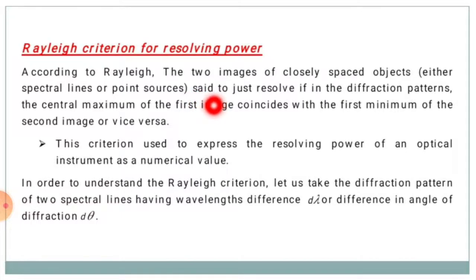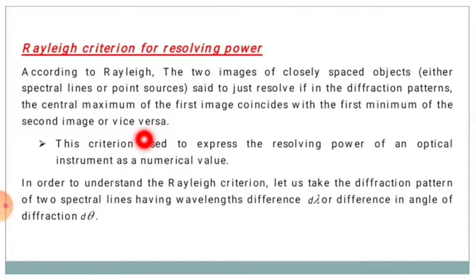In order to obtain a definite measure of the resolving power of an instrument, Rayleigh suggested a limit of resolution called Rayleigh's criterion. According to Rayleigh, two images of closely separated objects, either spectral lines or point sources, are said to be just resolved if in the diffraction patterns the central maxima of the first image coincides with the first minima of the second image or vice versa.